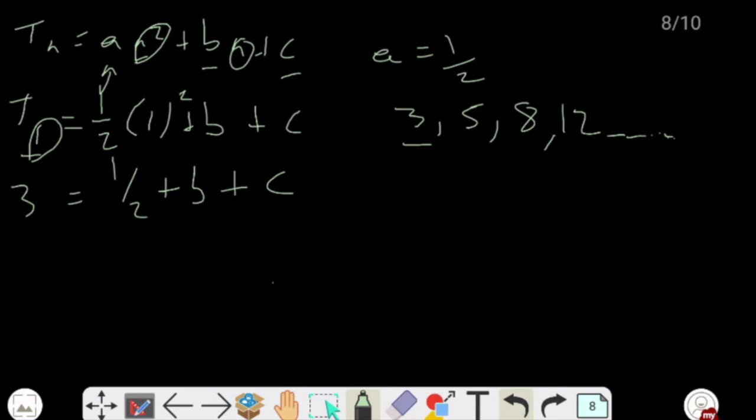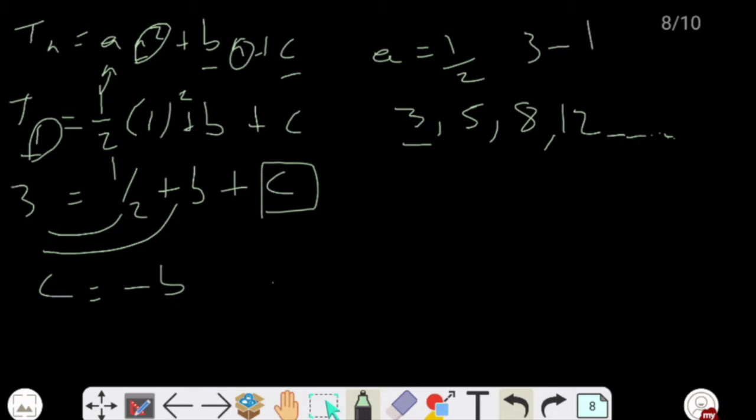Then I'm going to make c the subject of the formula and leave it alone on one side, taking everything else to the other side, meaning c equals negative b plus 3 minus a half.